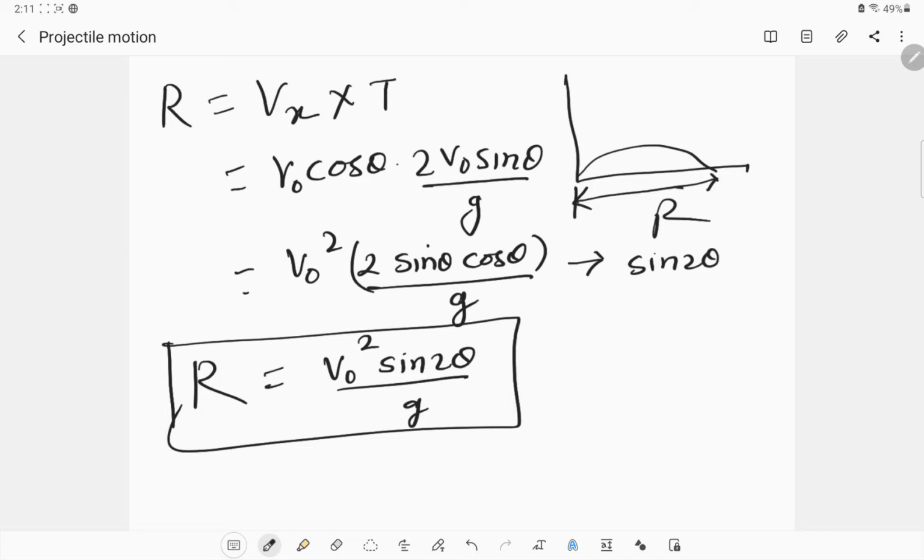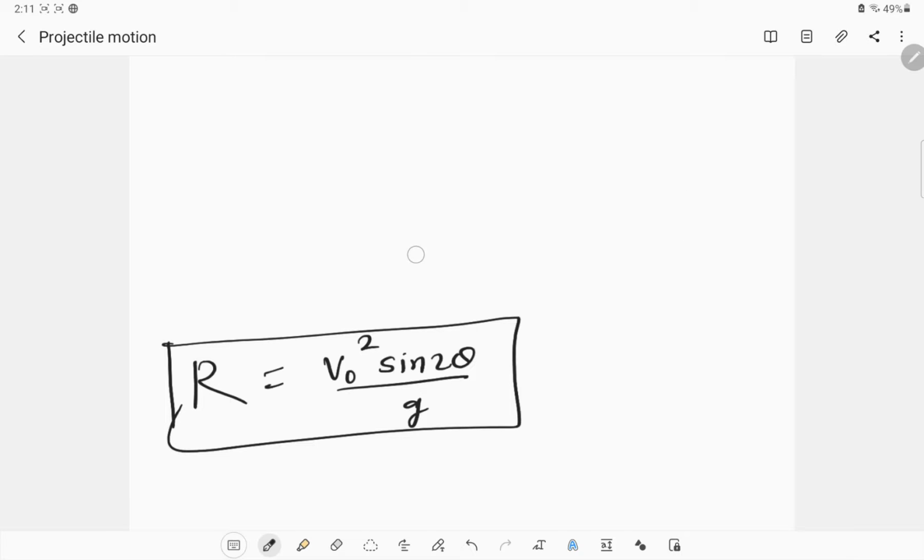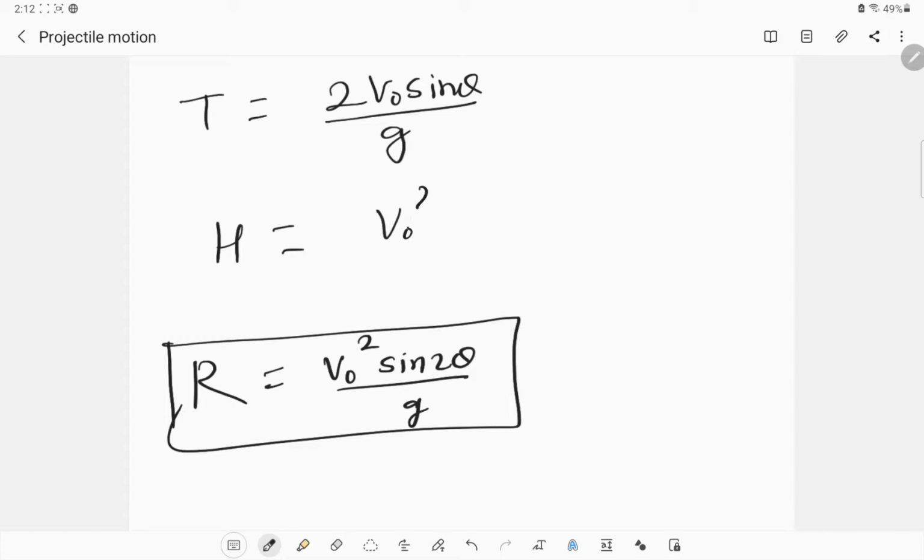Okay, so overall we get three equations that give you three very important things related to projectile motion. This is the horizontal range, the maximum distance horizontally covered by the projectile, and one was time period, which was 2 v naught sine of theta divided by g, right? And another one was the maximum height, v naught square sine square theta divided by 2g, right?